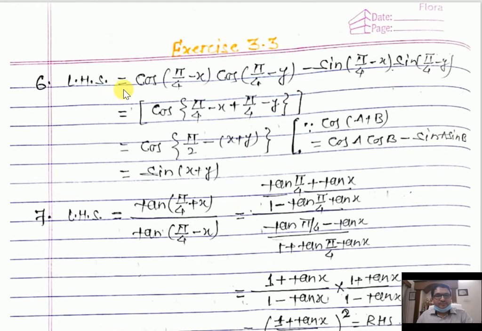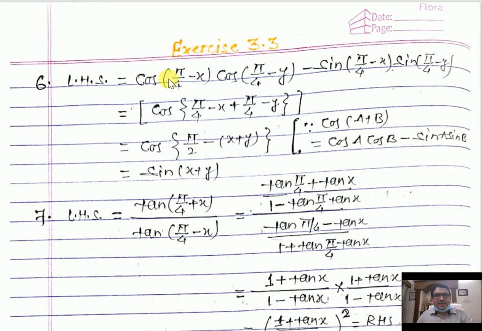We have to prove the left hand side, given cos(π/4 − x) cos(π/4 − y) − sin(π/4 − x) sin(π/4 − y). Let π/4 − x be a and π/4 − y be b.